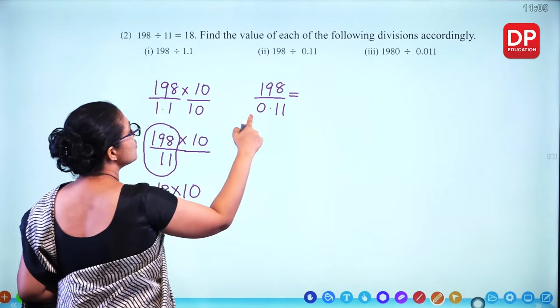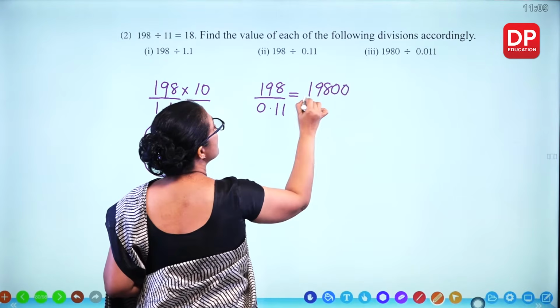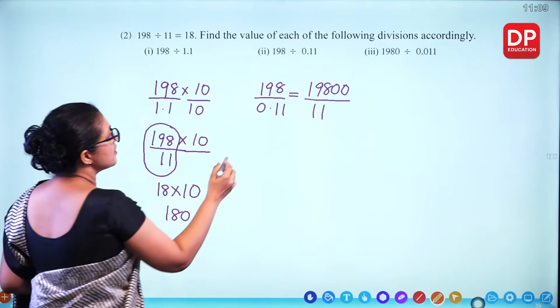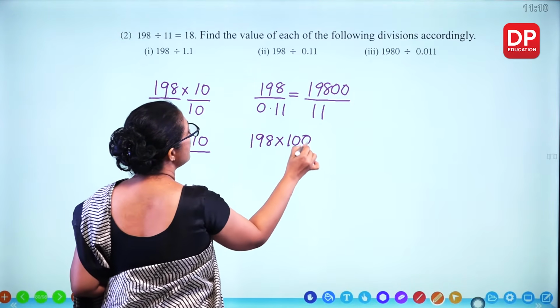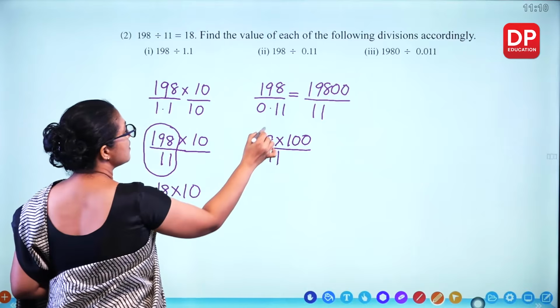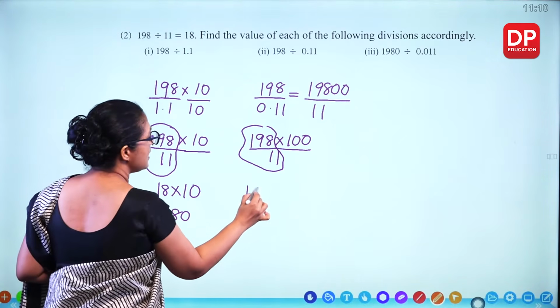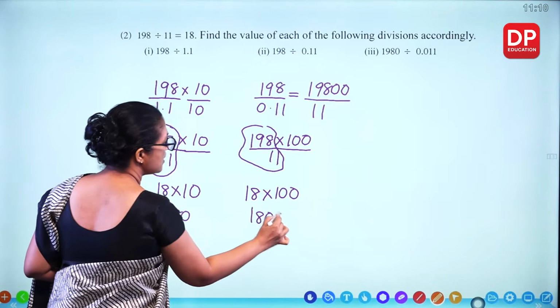Convert this one to this one. Multiply by 100. So you get 198 multiplied by 100 over 11. This value is 18. 18 multiplied by 100, 1800.